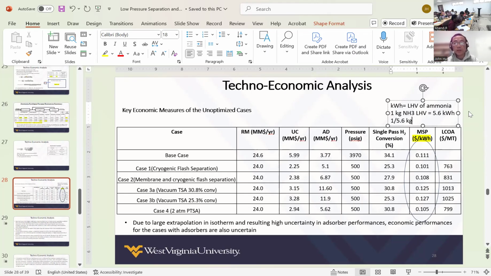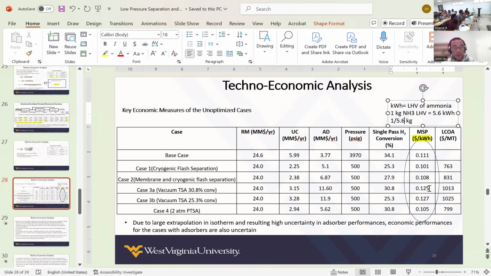To say it a different way, to produce 1 over 5.6 kg of ammonia, how many dollars does it cost for all the cases? Now you see, we put different cases, case 1, case 2, case 3, and case 4, all together on the same basis, and then compare with Haber-Bosch.